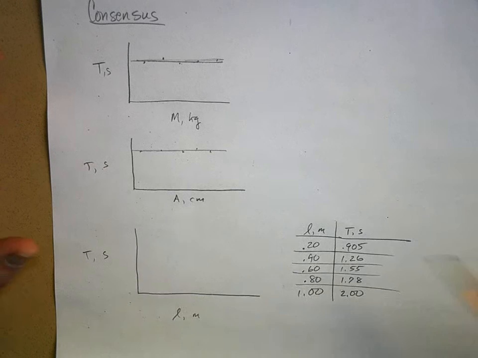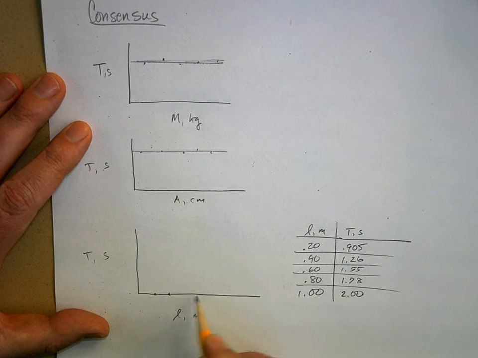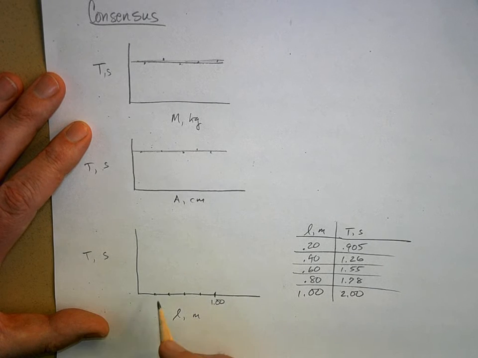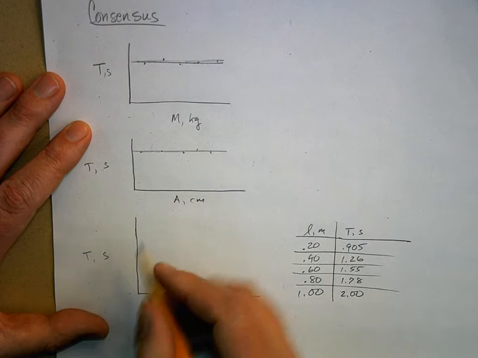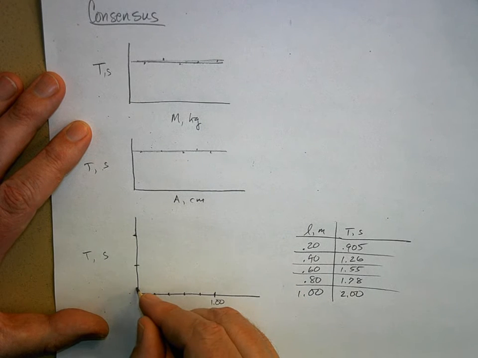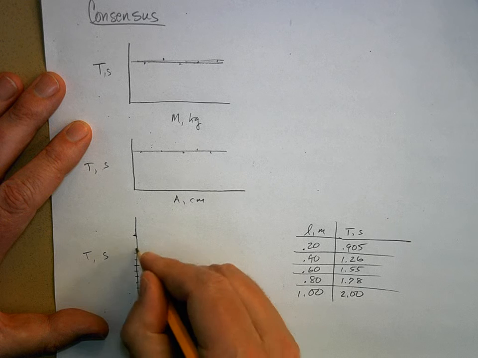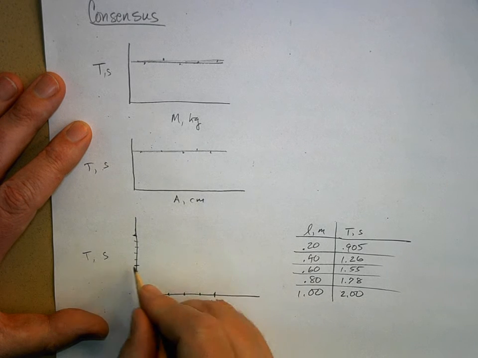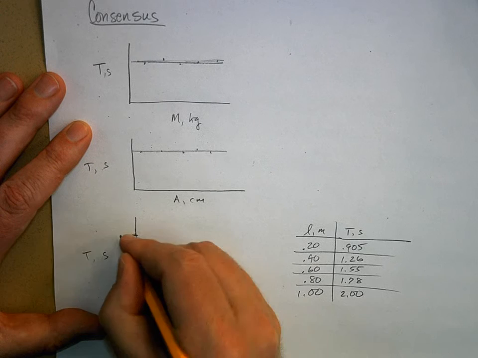Now if I were to graph this, I'm going to go 0.2, 0.4, 0.6, 0.8, 1.0. And then this is going to go from 1 to 2, so here's 1 second, here's 2 seconds, so 0.2, 4, 6, 8, 10. So this is 1.0, 2.0.